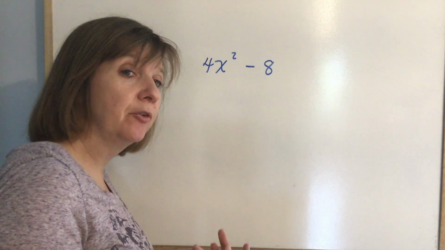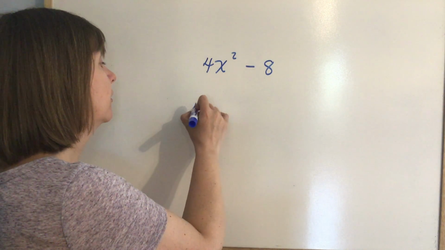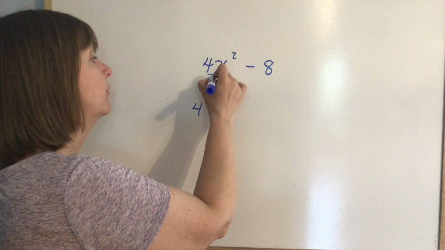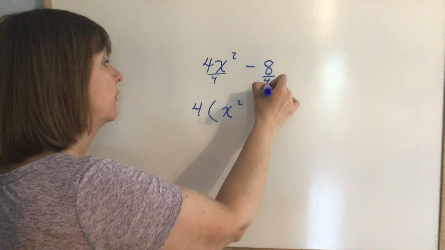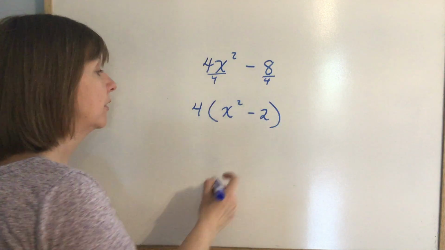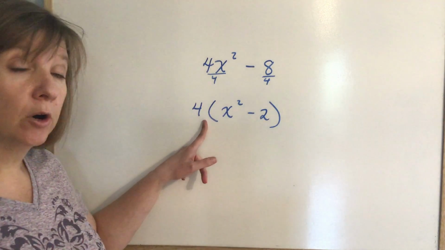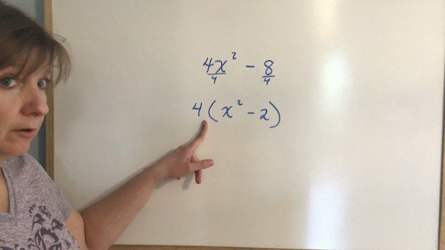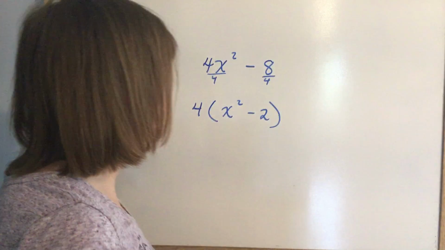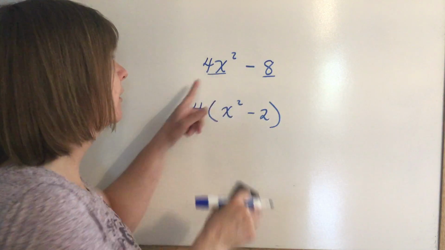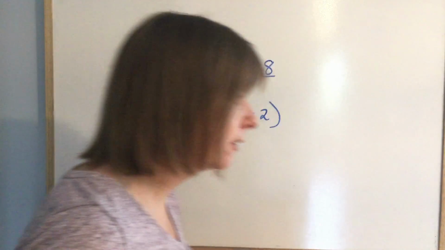There is a common factor, and the common factor is 4. If I divide this by 4, what I have left is x squared. If I divide this by 4, what I have left is 2. The 4 needs to be out front because the word factoring just means you're breaking apart this expression into its pieces.